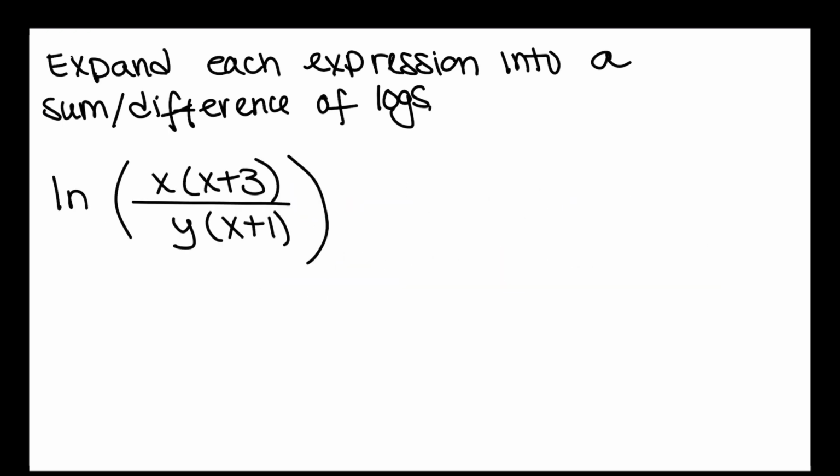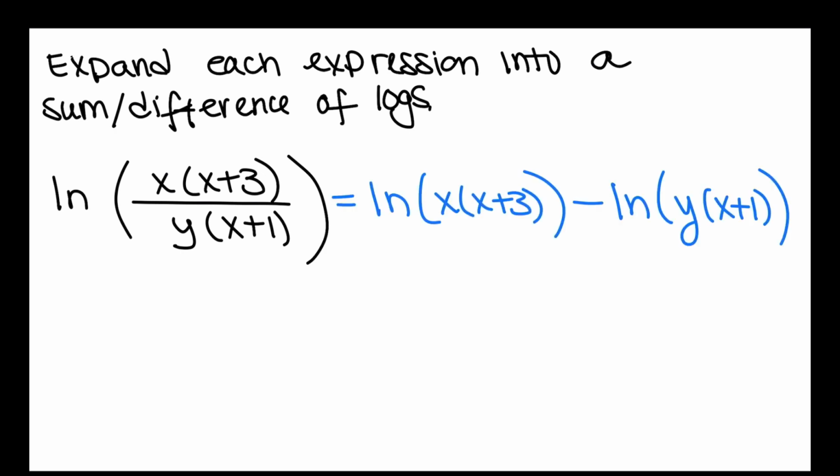Here's another example. Natural log of x times (x plus 3) divided by y times (x plus 1). This is another log of a quotient, so I'm going to break that up into a difference of two logs. Natural log of the numerator, x(x plus 3), minus natural log of the denominator, y times (x plus 1).